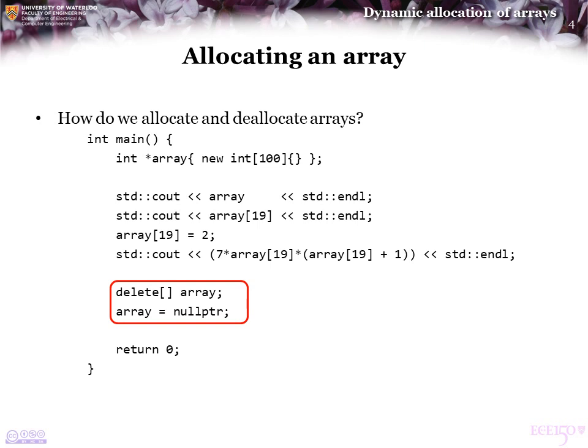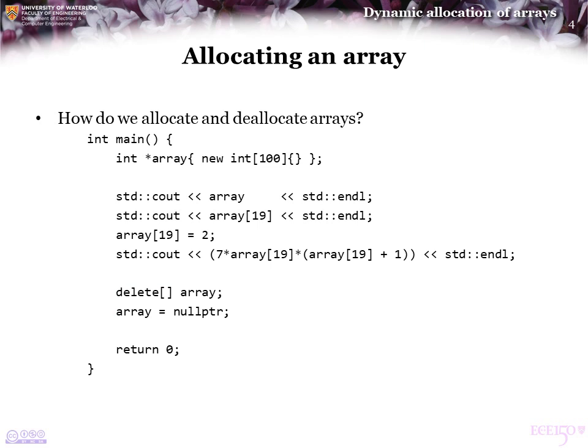Once again, however, nothing happens to the local variable array. Array continues to store the value of that first address. So just to be sure, we set array to be 0, or the null pointer.